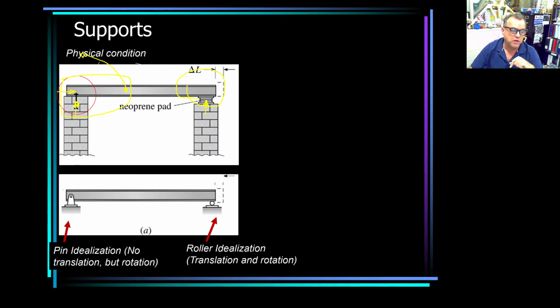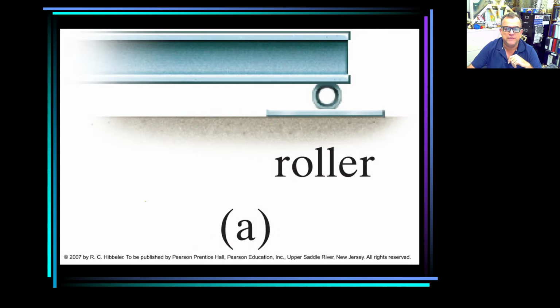So in this particular case, that support is a pin because it's producing two force reactions and the moment is free. It's not free, but you understand what I'm saying. It can rotate. And in this other case here, it's only one force perpendicular to the surface, so that translates as a roller. Once you have that, you can start applying your equations of equilibrium and try to solve that.